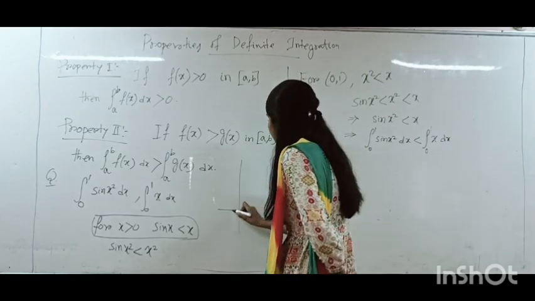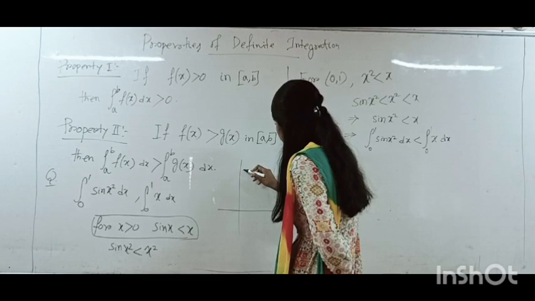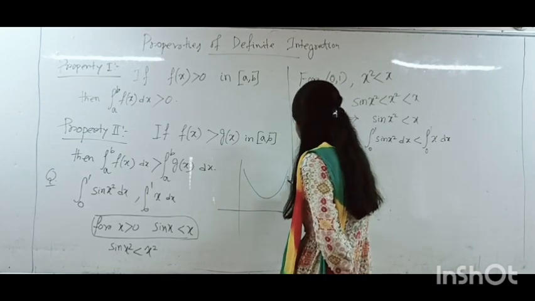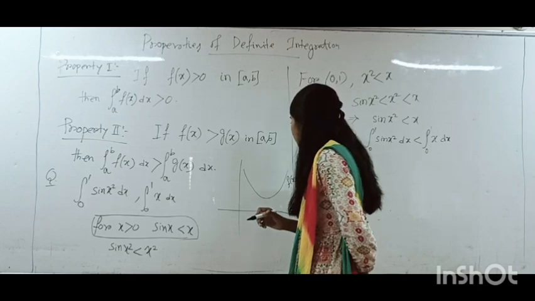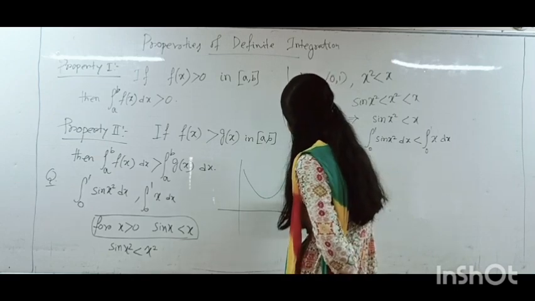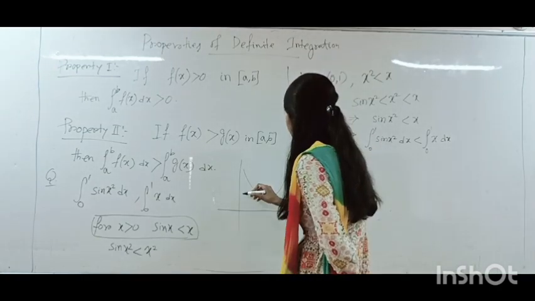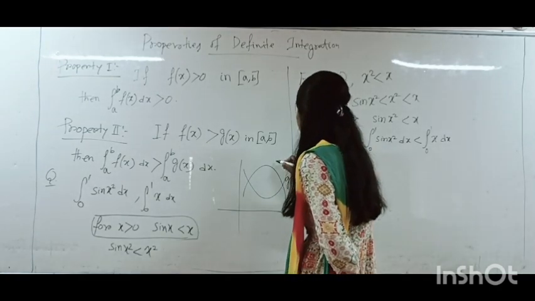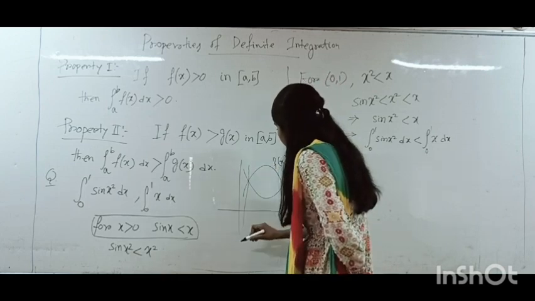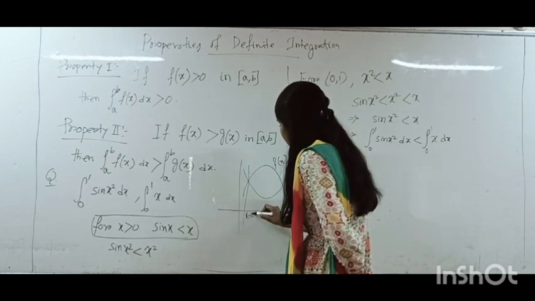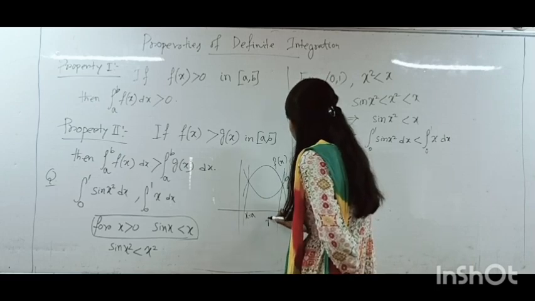When functions hold this inequality in some interval and we use integration in that interval, you can see from the graph also. There is a function g of x, and there is a function f of x. I will take this interval, let's say this is x equal to a and this is x equal to b.